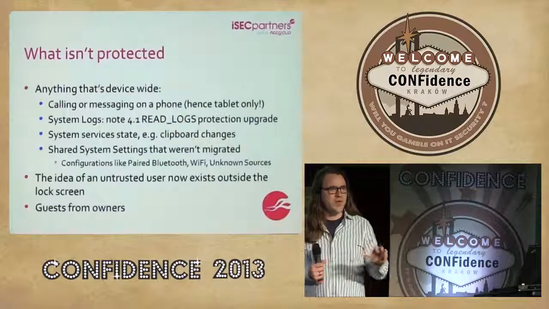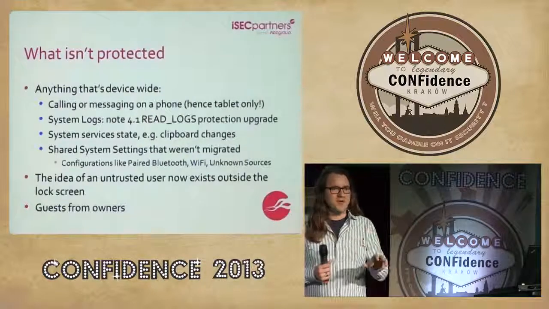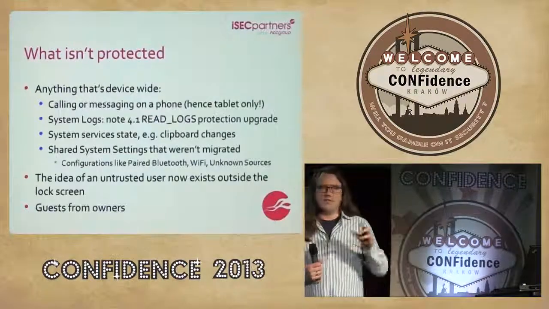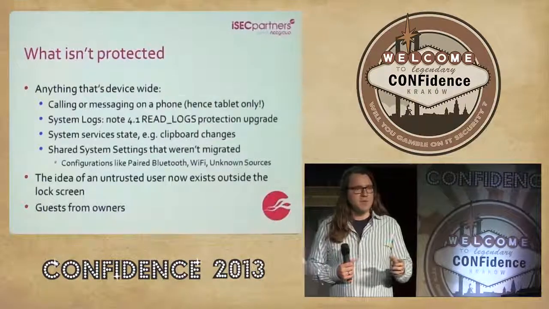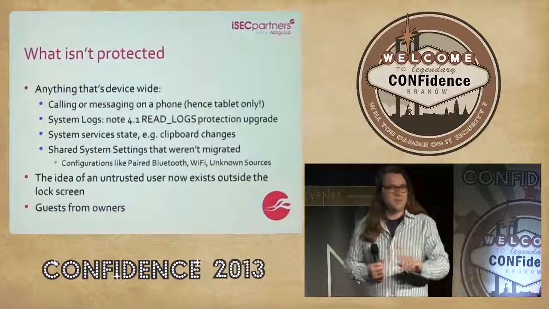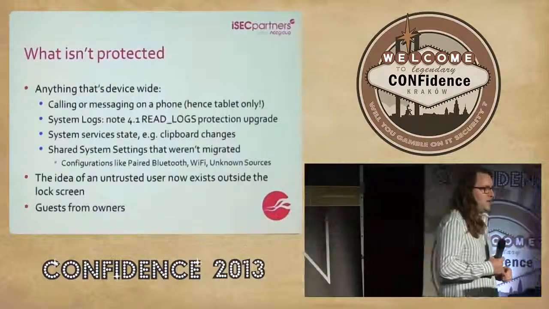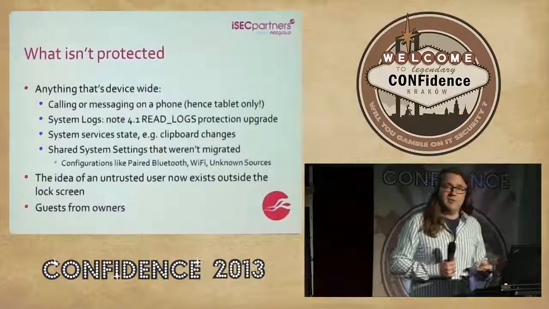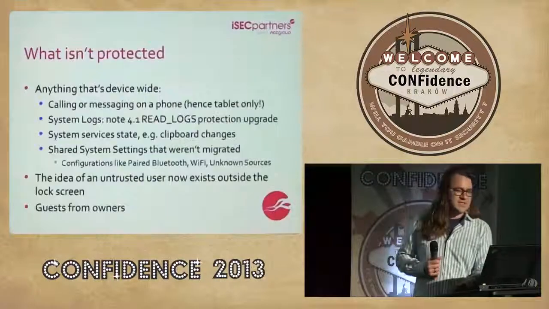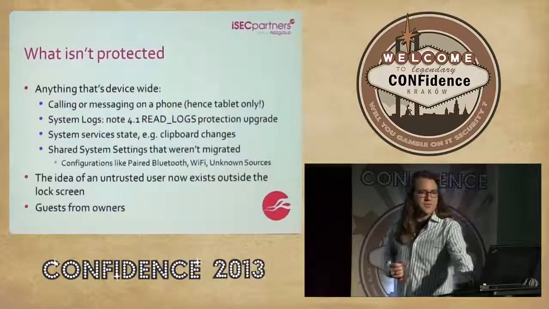They're the person who bought the device, and they're the ones that own it. And now that assumption isn't true. So if you're building like an MDM product or something that has a trusted UI, you have to start thinking about, hey, is this something I should only be exposing to owners, or something that I should be exposing to all users? Because that's a pretty fundamental change. Oh, and then, yes, of course, guests aren't protected from owners.